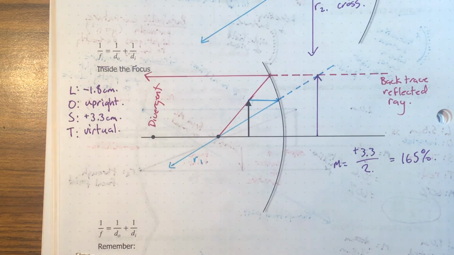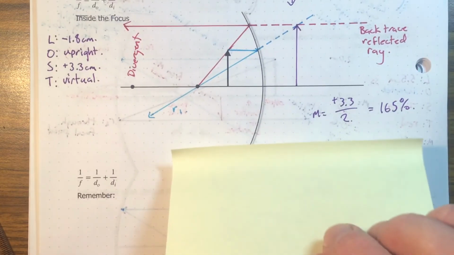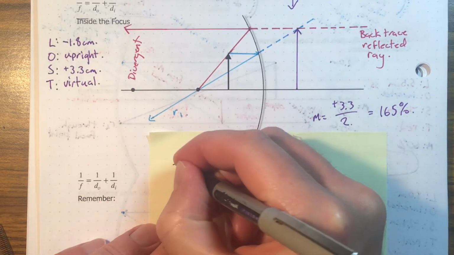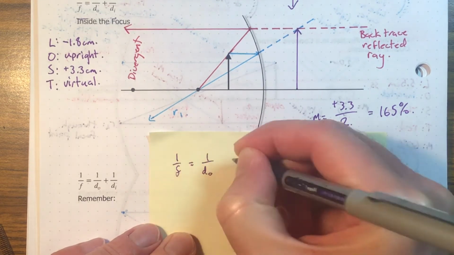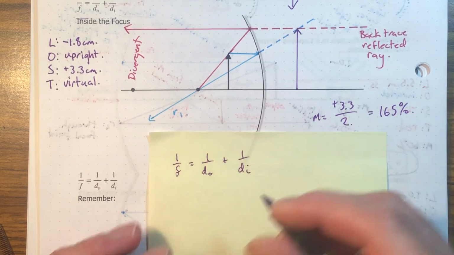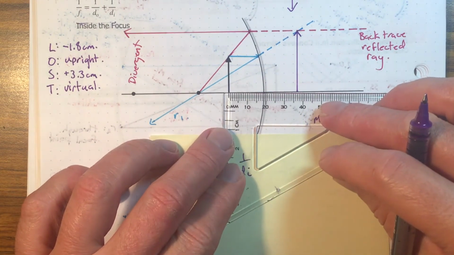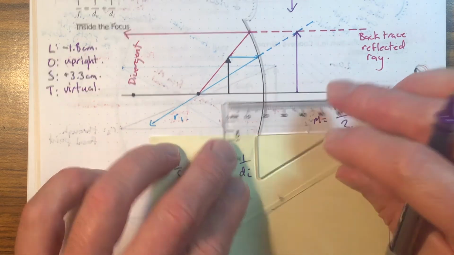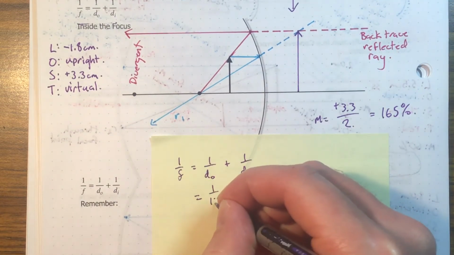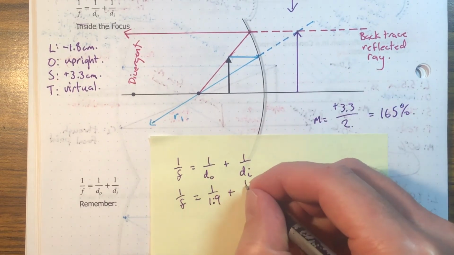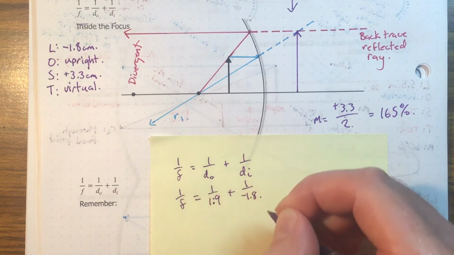Okay, so now let's do our math thing with this and see if this works. See if our mirror equation works right here. So 1 over f is equal to 1 over distance to the object plus 1 over distance to the image. Our distance to the object is 1.9, plus our distance to the image is 1 over negative 1.8.